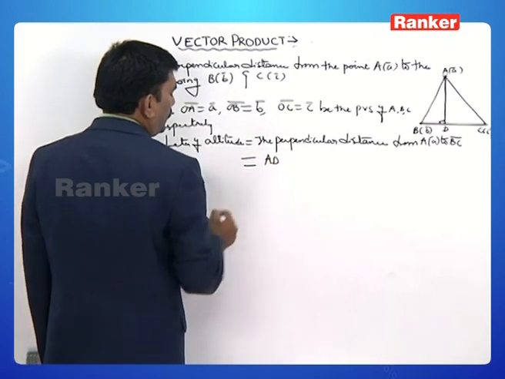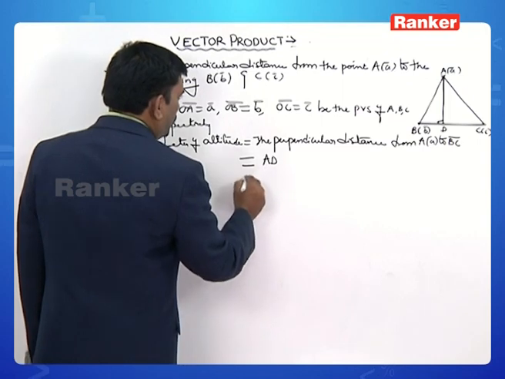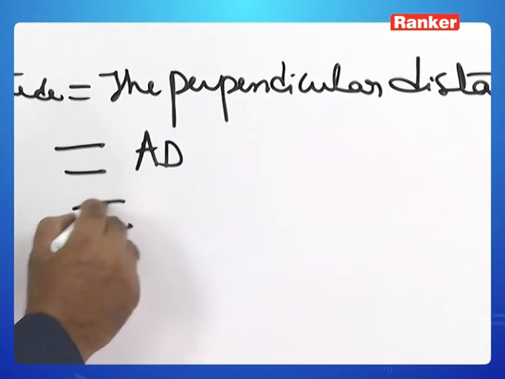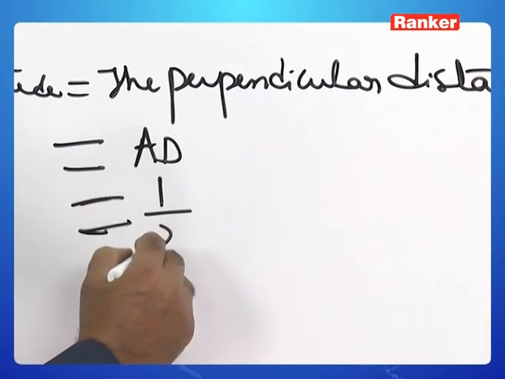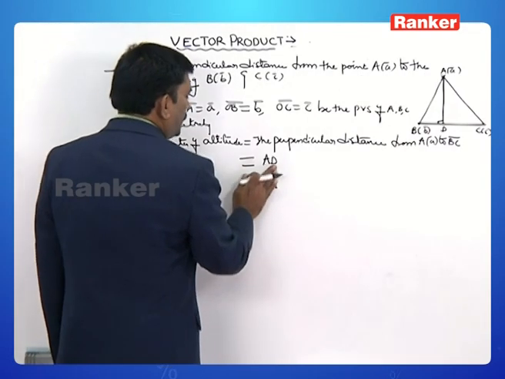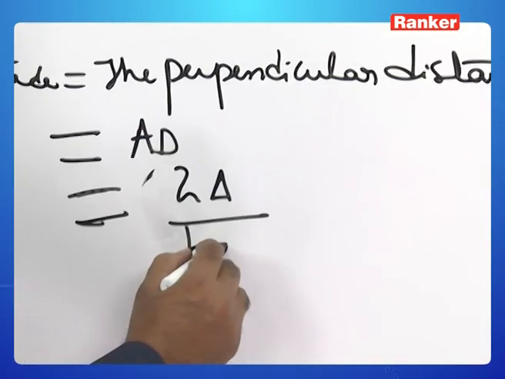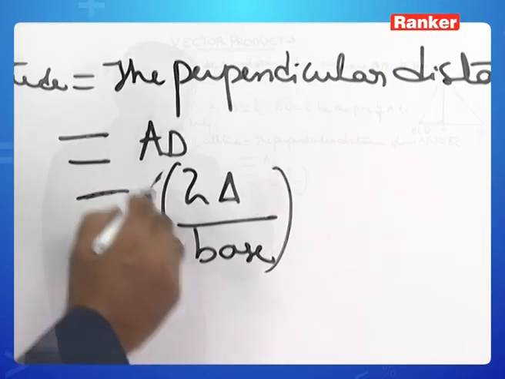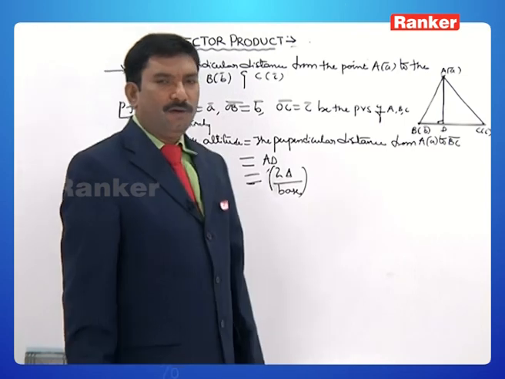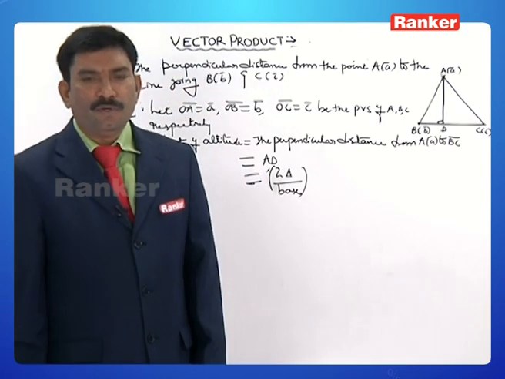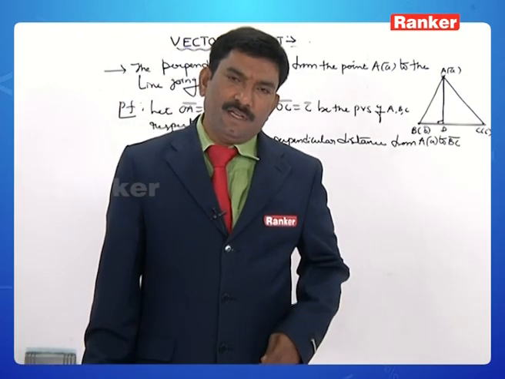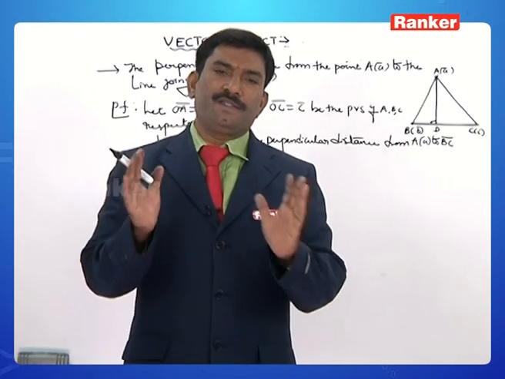AD. This AD is nothing but I can write half into, or else 2 delta by base, you know already from the fundamental. The length of the altitude is equal to twice the area of a triangle by base.